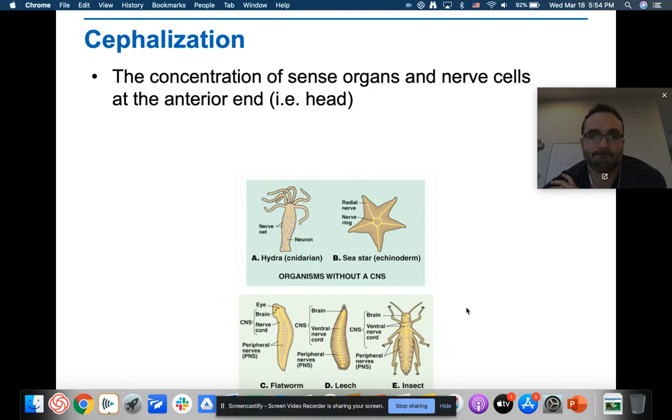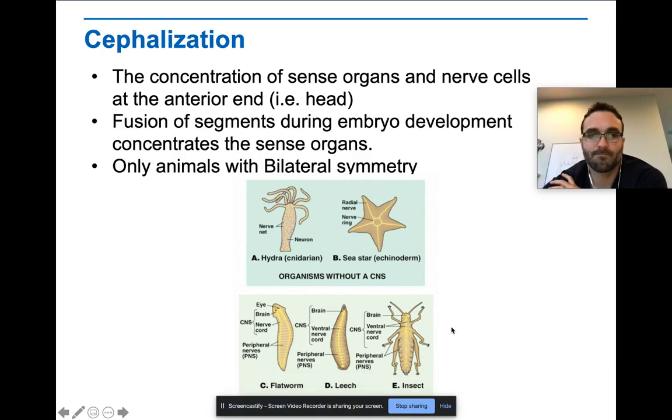Okay. All right. Again, only animals with bilateral symmetry have cephalization. You're not going to have a starfish having a centralized location of all of its bundles of nerves and whatnot.